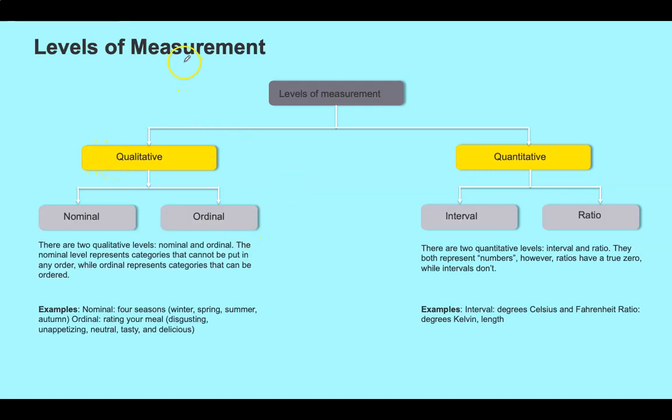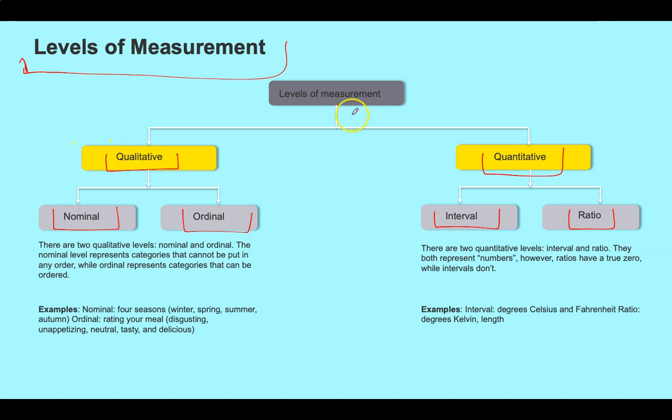Based on level of measurement, data are further divided into qualitative and quantitative. Qualitative data are further divided into nominal and ordinal. Quantitative data are divided into interval and ratio.